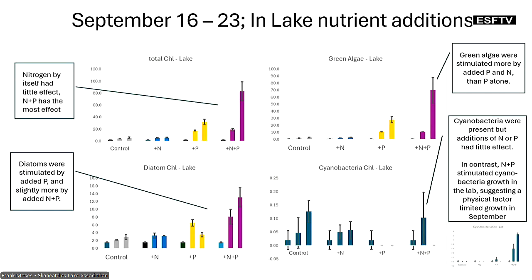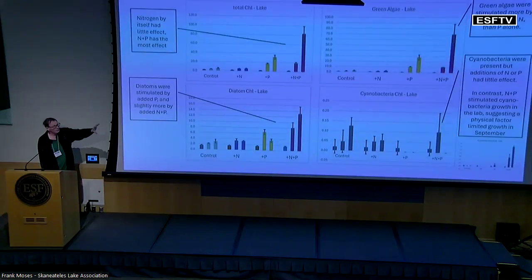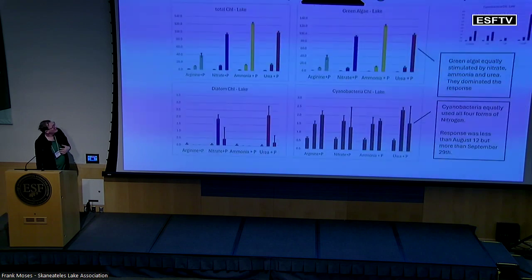We have copper or iron or something like that. But in the little tiny corner down there, I showed you the results of the lab experiments where we're growing them in the lab under optimal conditions, right? They grew great in the lab under optimal conditions with nitrogen and phosphorus. So this tells me that we're starting to move into the situation where physical conditions are starting to become more important about what's controlling this bloom, right?